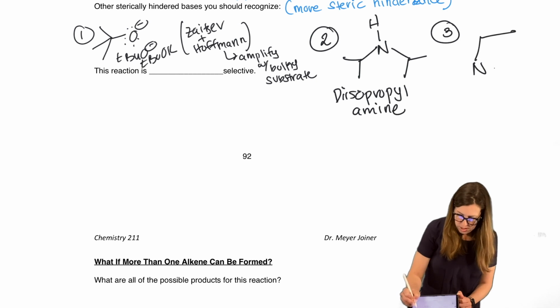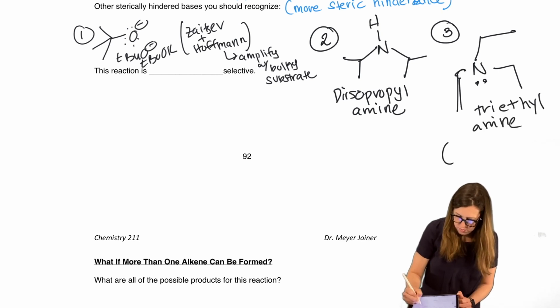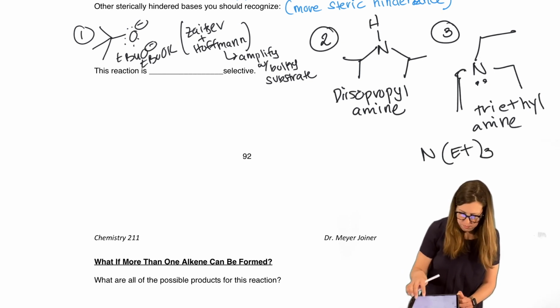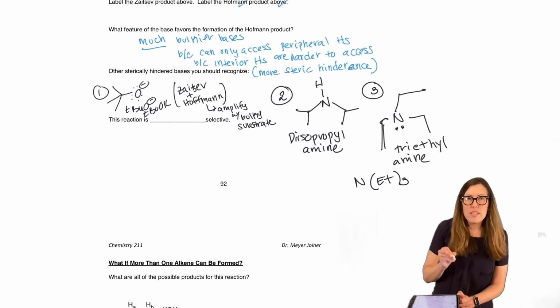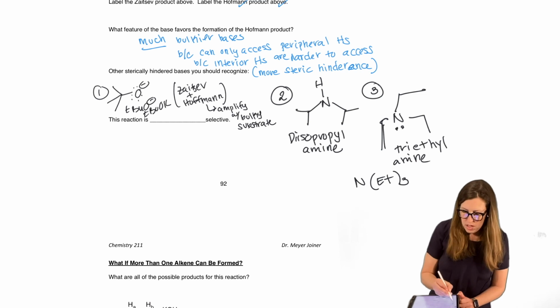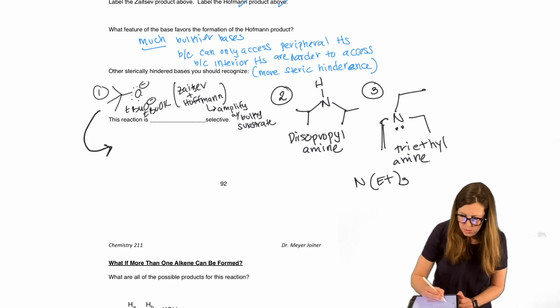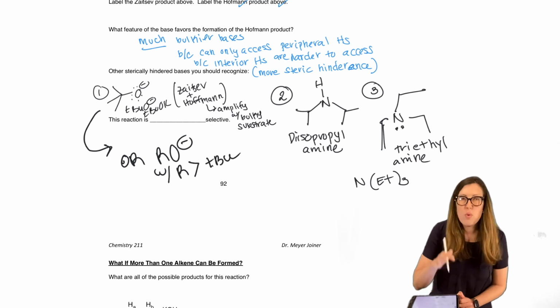Another amine that's really nice is triethylamine. Triethylamine. It's also abbreviated NEt3. Okay, so if you really want to stick with one that's not nitrogen based, because there's a lot of nitrogen ones, or an alkoxide with R is bigger than T-butyl, like the one above, right?